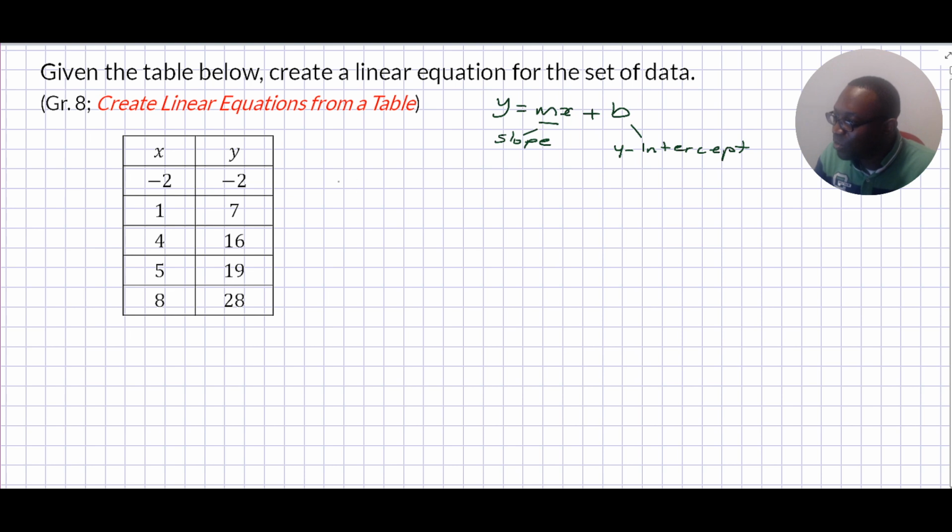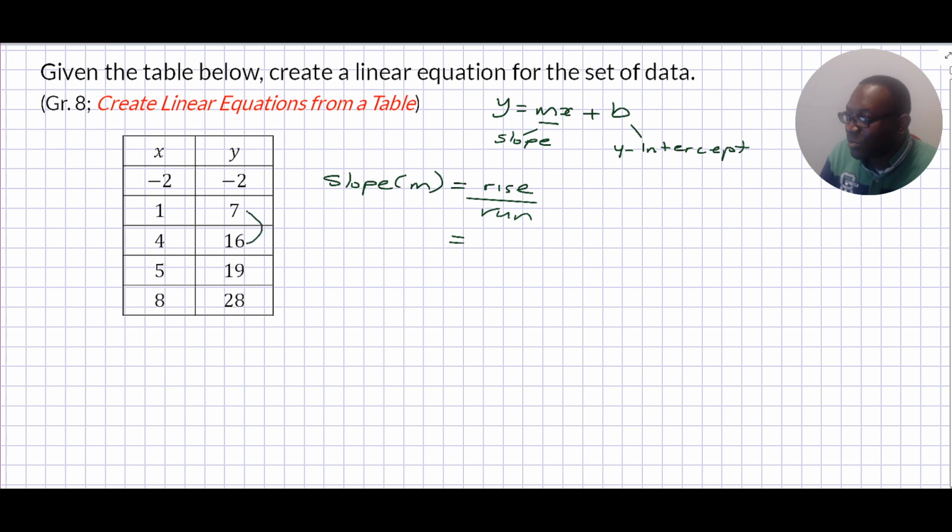So the first thing we're going to do is to find the slope. So our slope, which we label as m, is rise over run. In this case, I like to work with positive numbers. That's a lot easier to manage.